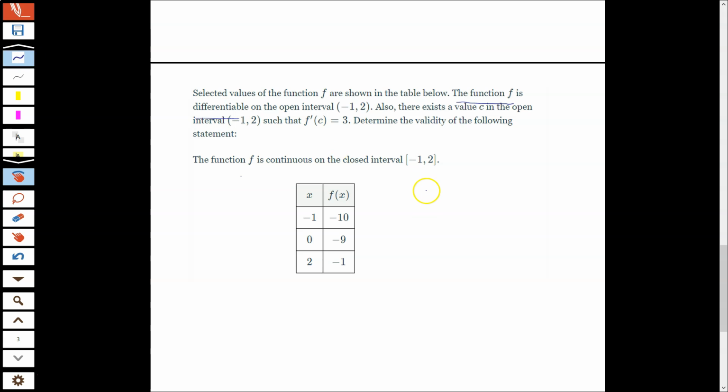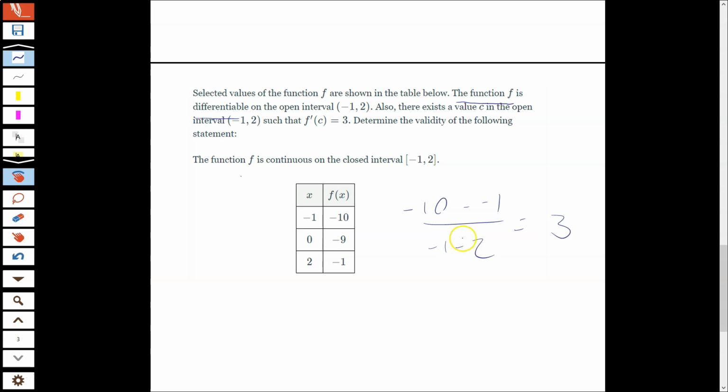So we get negative 10 minus negative 1, and then 2 minus negative 1. Right? No, other way around. Negative 1 minus 2. Which gives us positive 3. So that's our average rate of change over the whole interval. So this seems to be nice, it lines up, right?